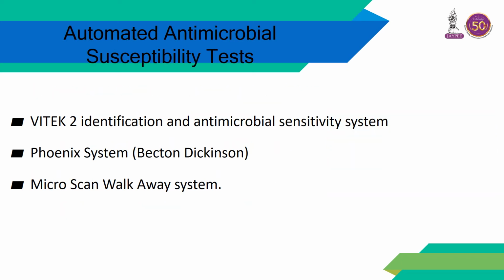And thirdly, as we have seen, we can also use automated machines. That is, the machines will themselves run the sample and give us the organism and also give us the antibiotic sensitivity pattern.